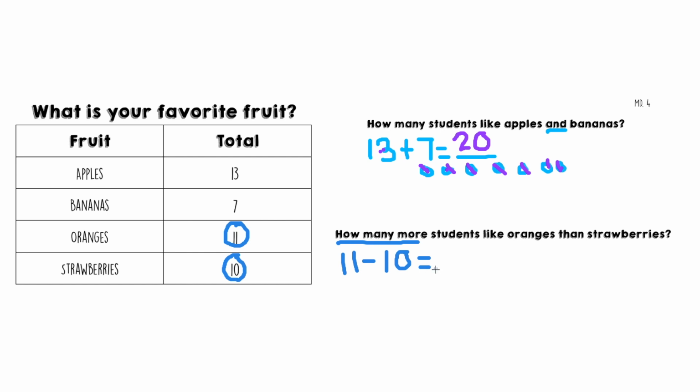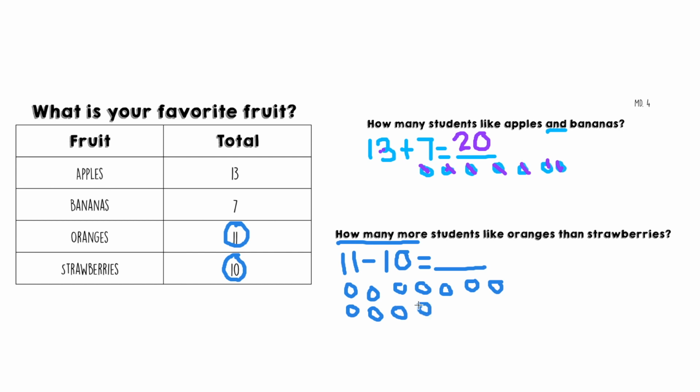So what I could do first is I could start off by drawing 11 circles. 1, 2, 3, 4, 5, 6, 7, 8, 9, 10, 11.